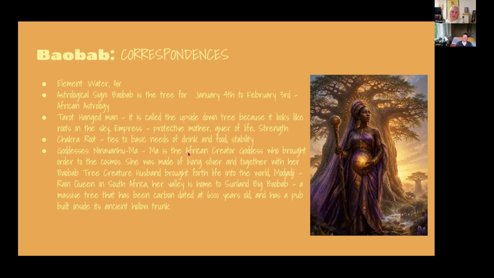So those are the two goddesses I could see that were tied to the baobab tree. And this tree is not only a tree for an astrological sign, but these astrological signs have a sense attached to them, and this one is smell.